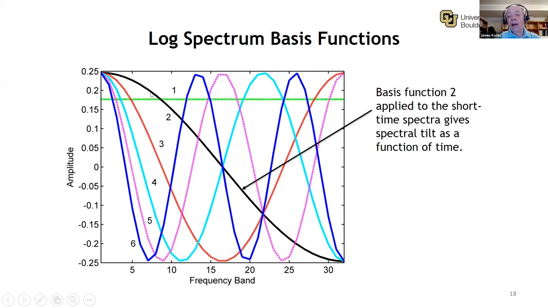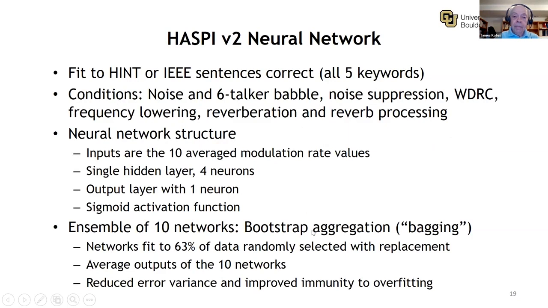If we're looking at the onset of, say, a burst or a stop consonant, we may have a lot of energy at high frequencies, very little energy at low frequencies, and that would give us a large negative value. So as we observe this over time, it's going to be flipping back and forth, positive, negative, and that gives us an idea of how the spectral tilt is changing as a function of time.